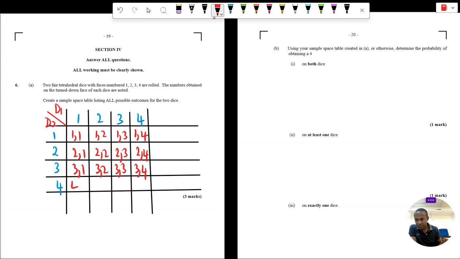And lastly, we have 4,1, 4,2, 4,3, 4,4. So basically, the first number in this combination represents the number on the turned-down face of die 2, and of course the second number represents the number on the turned-down face of die 1.